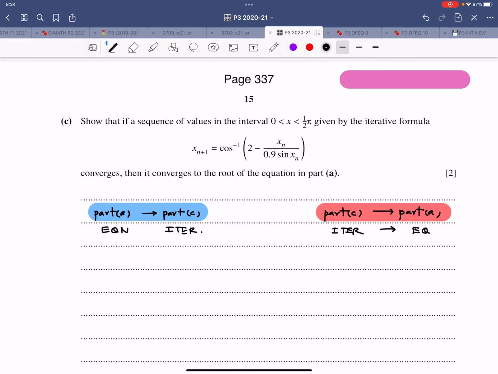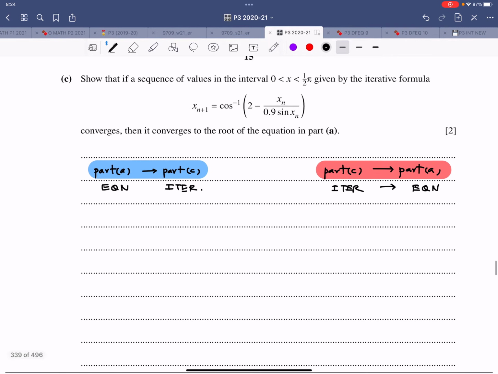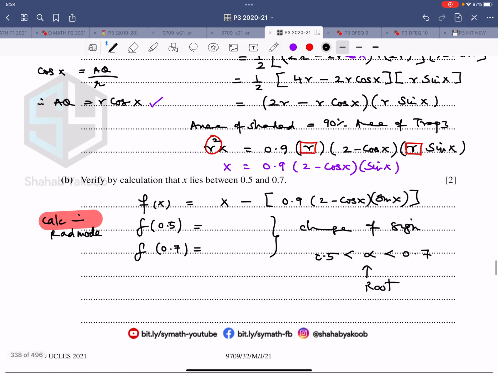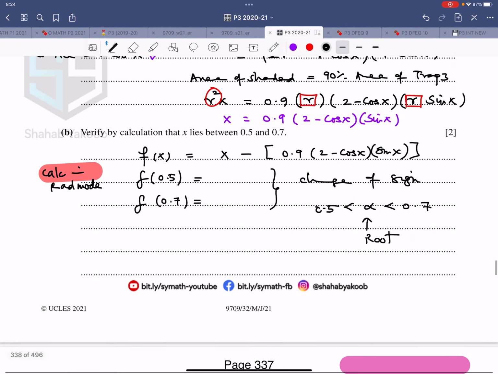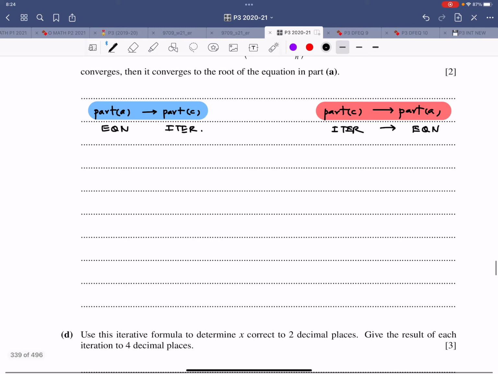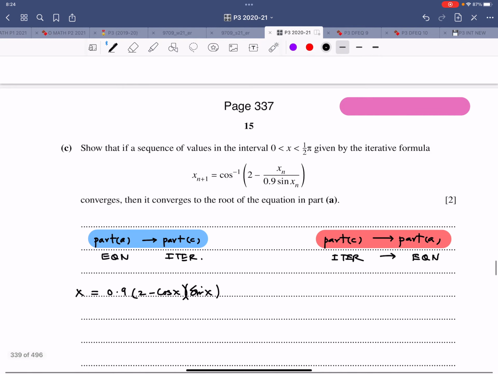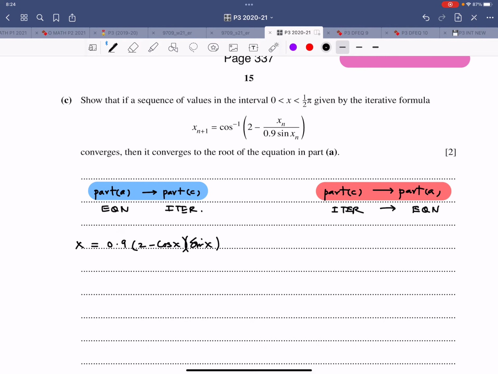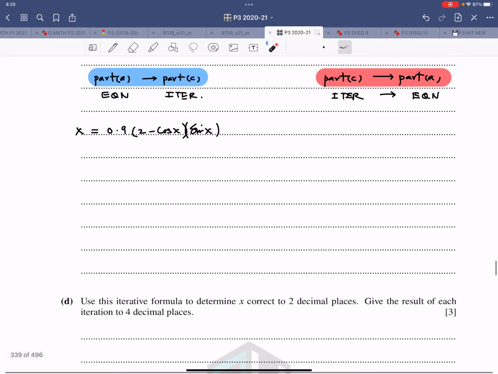So if I take the equation, x is equal to 0.9, 2 minus cosine x into sine x. And what have they done? They have made the equation in such a way that there is a cos inverse. In other words, cosine of x is such and such. So make cosine of x the subject. So therefore, x divided by 0.9 sine x equals 2 minus cosine x.